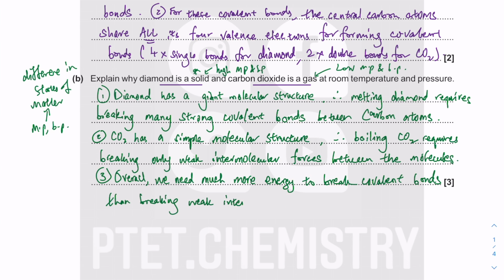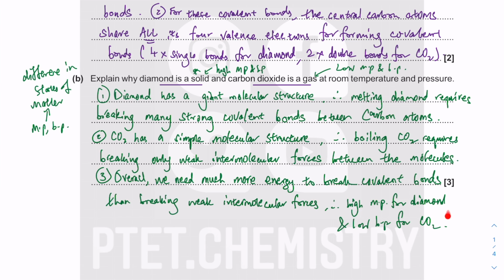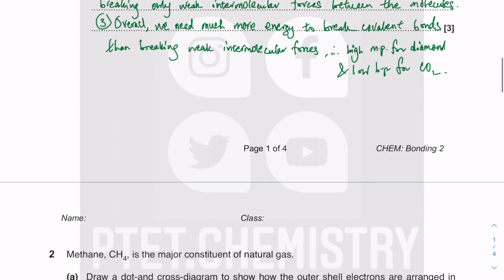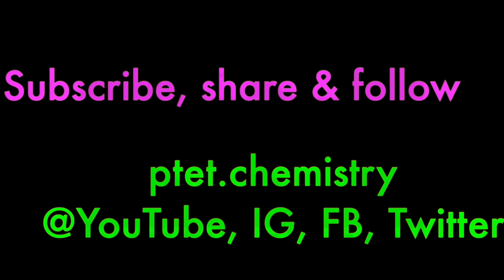So this last point is really to qualify why one has a high melting point and why one has the low boiling point. Therefore, high melting point for diamond and low boiling point for CO2. Okay, so this last one is probably not really required because I already compared the energy, and this is just restating the question, which is probably not essential at all.